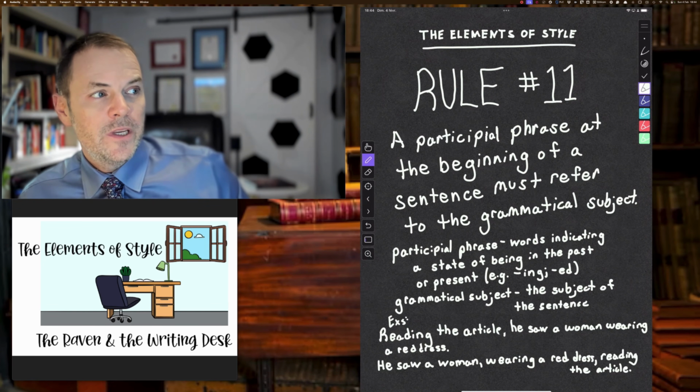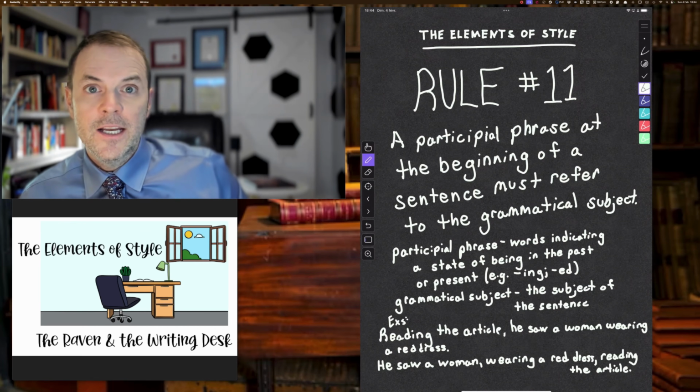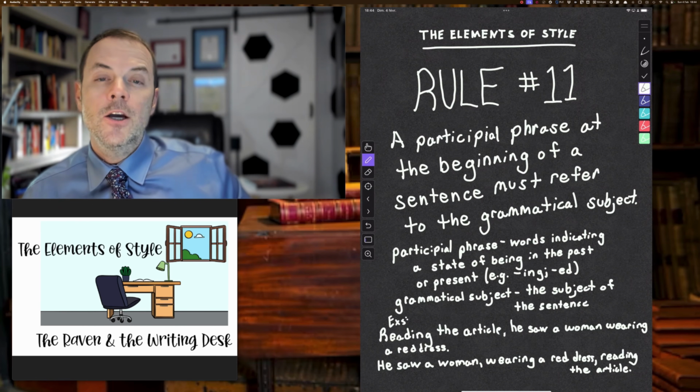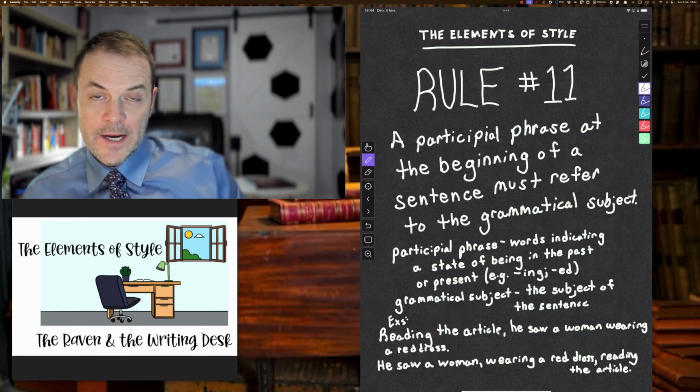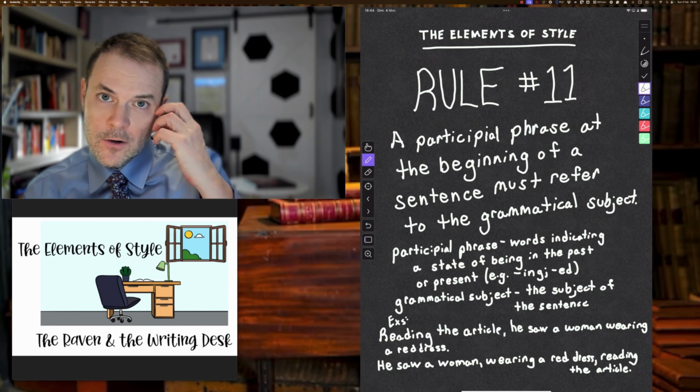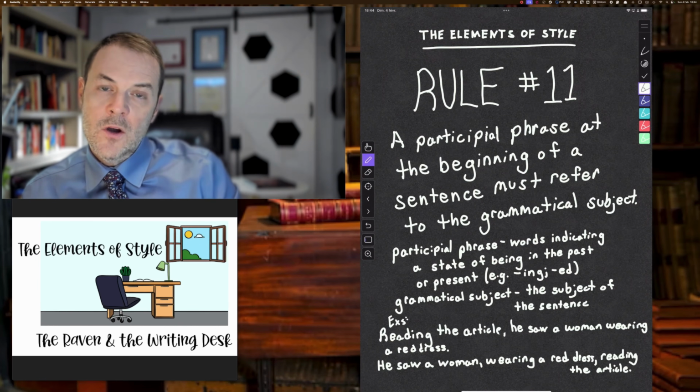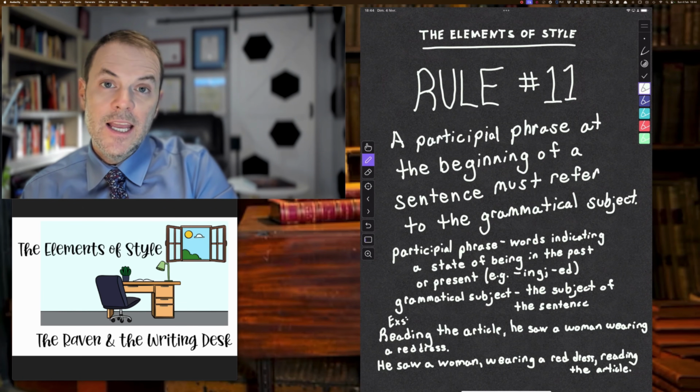So what does this mean? A participial phrase at the beginning of a sentence must refer to the grammatical subject. This is just a warning that when we get into a rhythm in our writing, we tend to get into a pattern where we'll set up the sentence, comma, and then our main point.